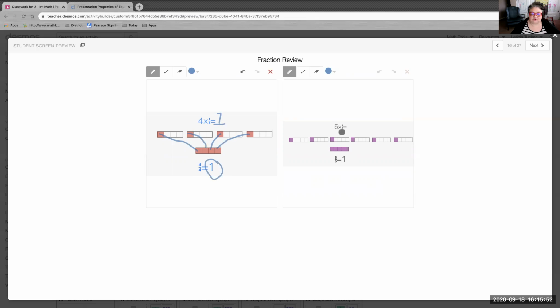Now let's check this one out. Let's say I have 1/5 of a cake. If I have 1/5 and I multiply it by 5, then I'm going to have 1/5, plus 1/5, plus 1/5, plus 1/5, plus 1/5, 5 times, right? And then I bring these in here, and what's going to happen?